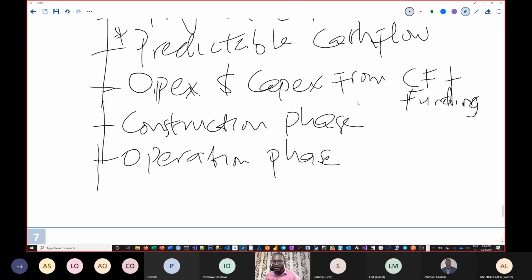Say the toll gate, right? I think they say is it 25 years or 30 years concession. So everybody knows that at the end of a period, we no longer collect toll. It becomes a public free road, kind of.